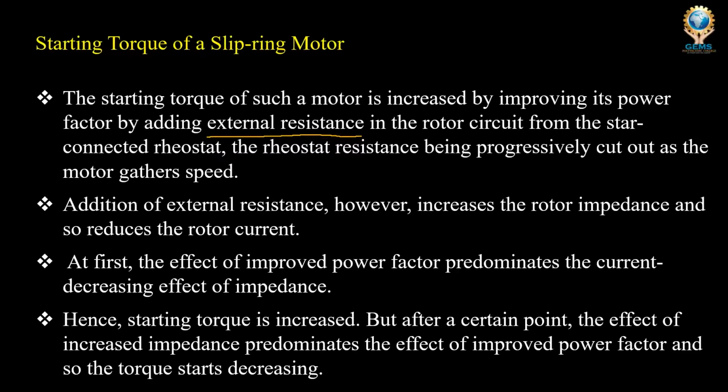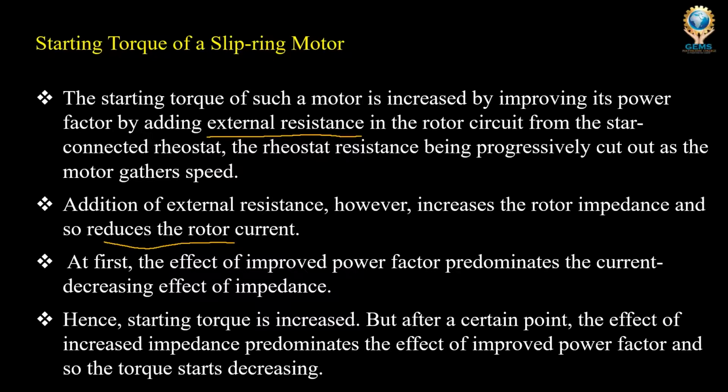But another thing, if the resistance is high, the rotor current will be reduced. Okay, so what will happen? Later the torque will be decreased. So here it is mentioned, at first the effect of improved power factor predominates the current decreasing effect.